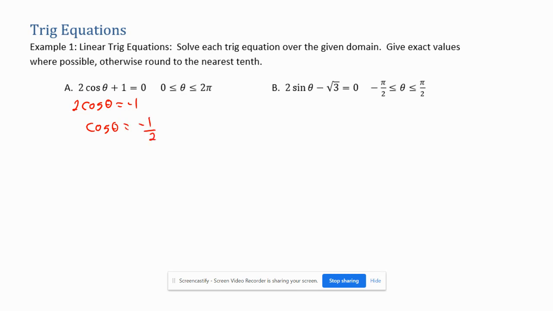Okay, so from here, I think the easiest way to do this is if you have a unit circle handy. We have to know that on our unit circle, cosine is the x value. So on our unit circle, -1/2 is one of the values that we have for x. I'm just going to draw a quick one over here.